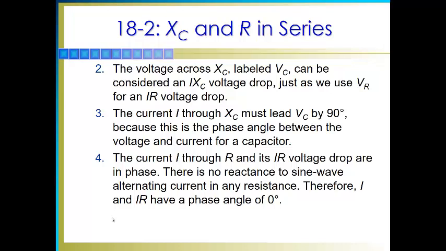So even though the applied voltage may be a sine wave voltage, the alternating current in the resistance is always in phase with that applied voltage. In other words, the phase angle will be zero. They go through zero, and their maximum or minimum values, at the same time.